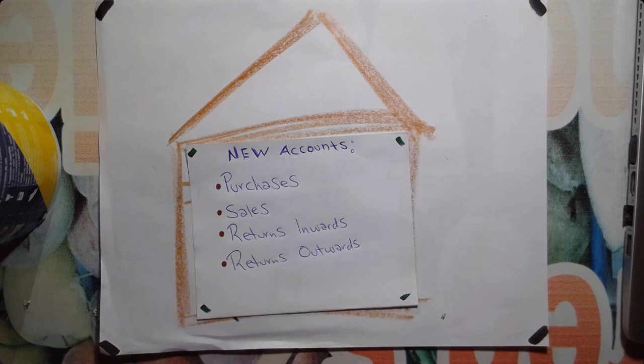So what I'm trying to say right here is that the minute you open a T account with the name inventory or goods or stock of goods, rest assured that you are doing something wrong, okay? Once we talk about stock of goods or inventory, we need to use one of these 4 T accounts, okay?